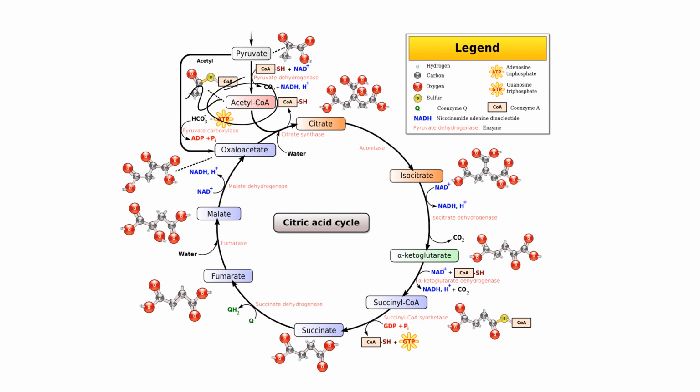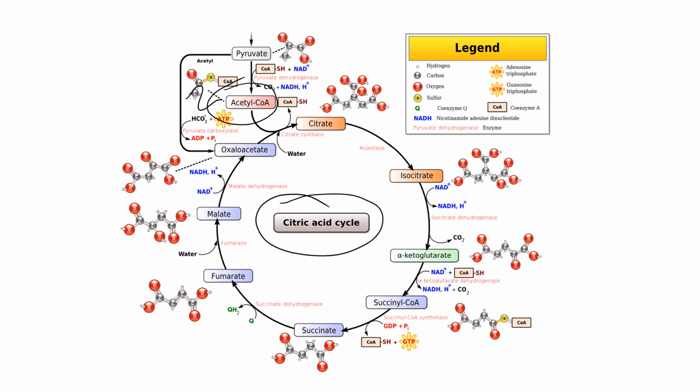And what's going to happen to each acetyl-CoA is it's going to enter into something known as the Krebs cycle or citric acid cycle, which is what you're looking at right here. Okay, so let's talk about the most important steps of the citric acid cycle, just like we did glycolysis.